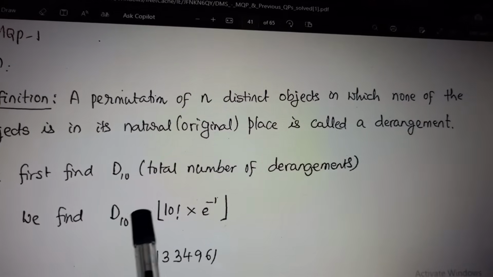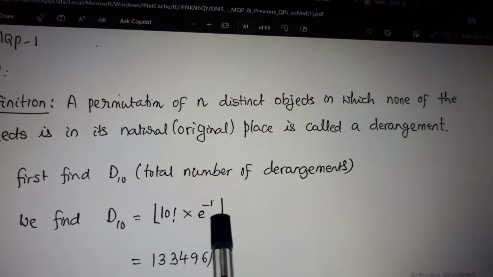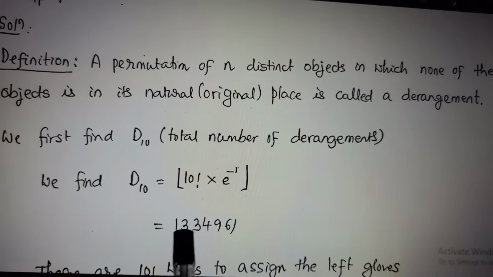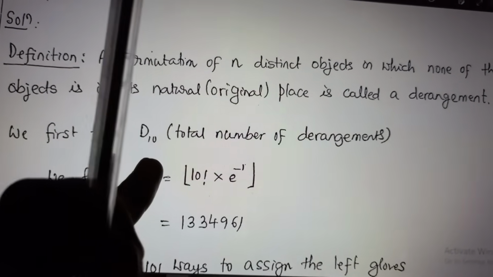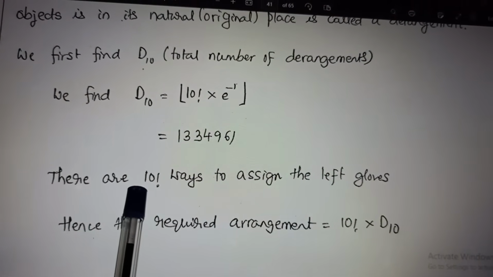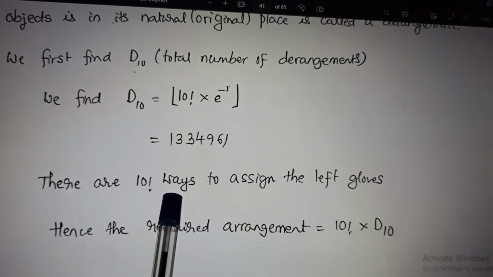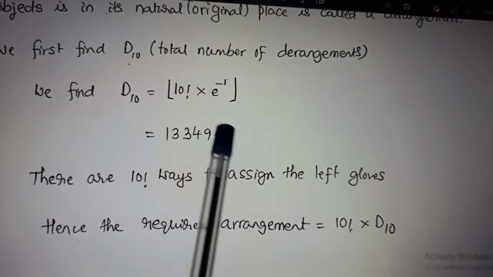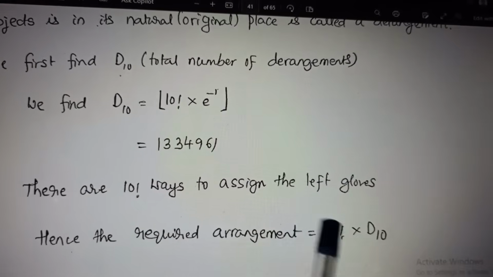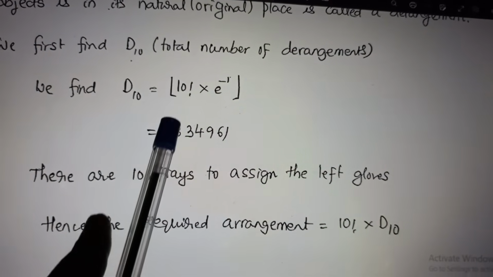So that is why 10 factorial into e to the power of minus 1. This is the formula. So you'll get one answer. Now they have told 10 gloves are there. So 10 gloves can be arranged in 10 factorial ways. So whatever answer you get here for D10, that into this 10 factorial, if you do, you will get the answer.